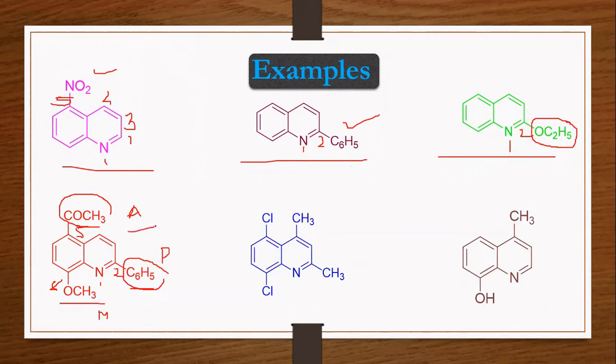At first acetyl will come. Then M, methoxy will come. And then phenyl. Thus the IUPAC name of this molecule is 5-acetyl 8-methoxy 2-phenylquinoline. I am repeating it again.